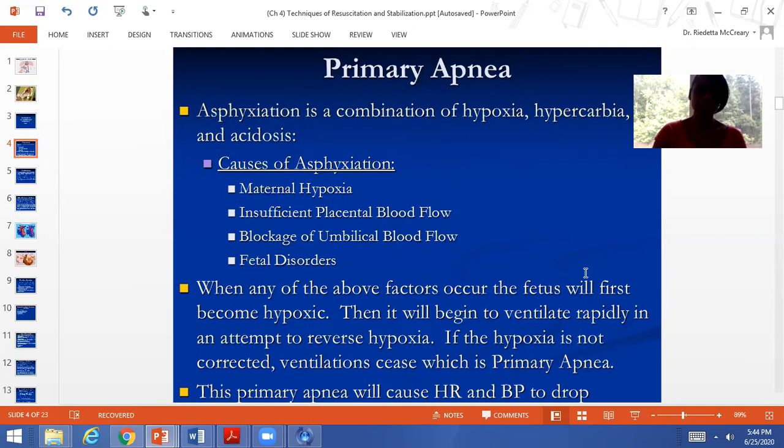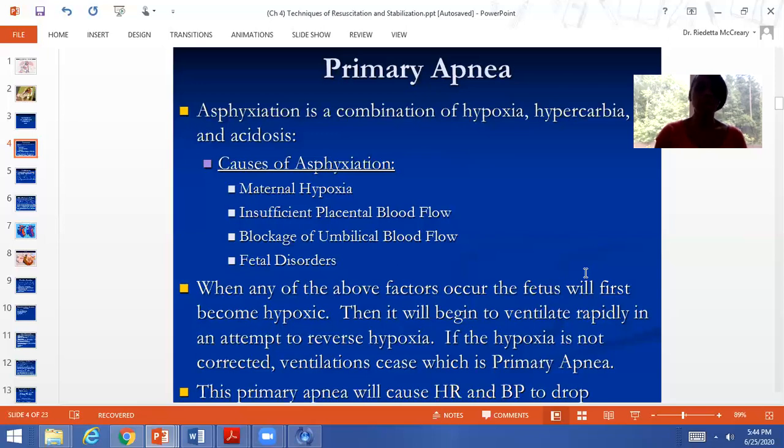apnea. With primary apnea, it is when the baby has been asphyxiated, and usually that happens because the baby is hypoxic or experiencing hypercarbia and or acidosis.